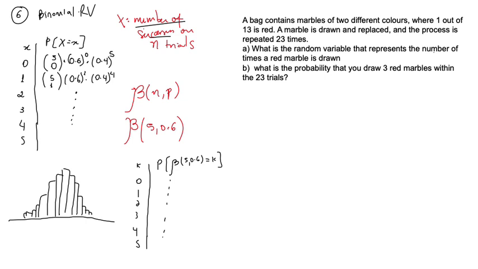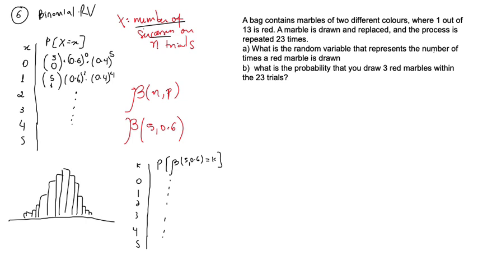Okay? So let's do this exercise here. A bag contains marbles of 2 different colors, where 1 out of 13 is red. So I have a bag. I have red and I have blue balls.